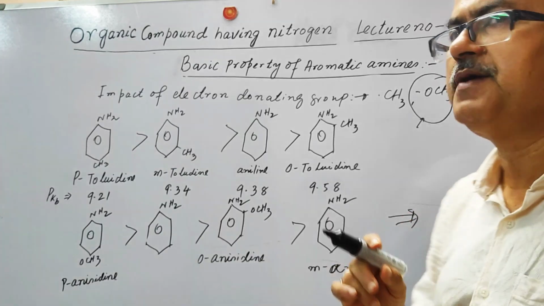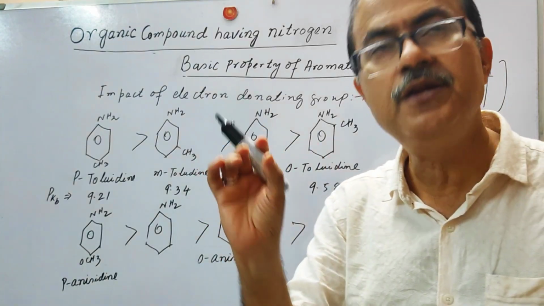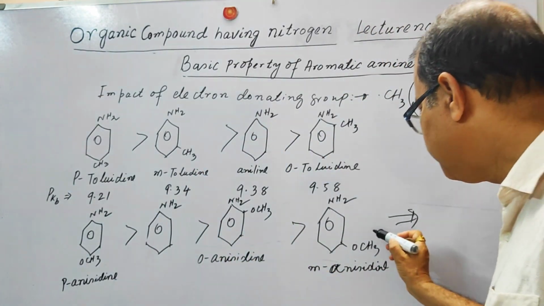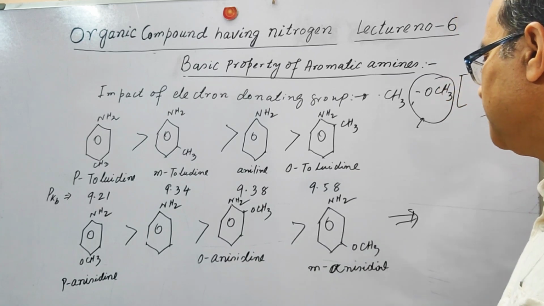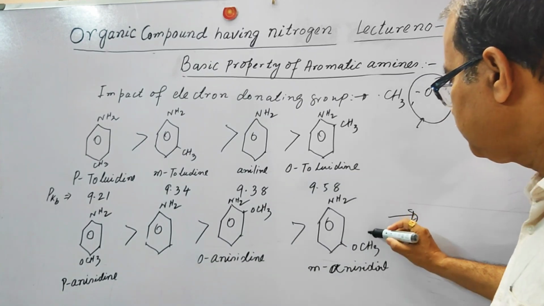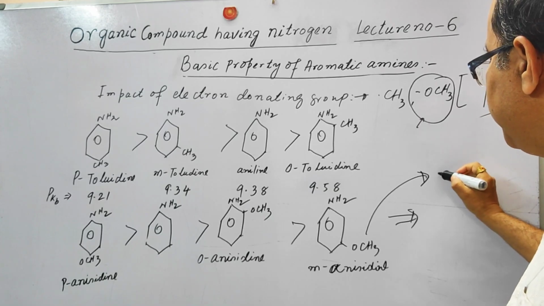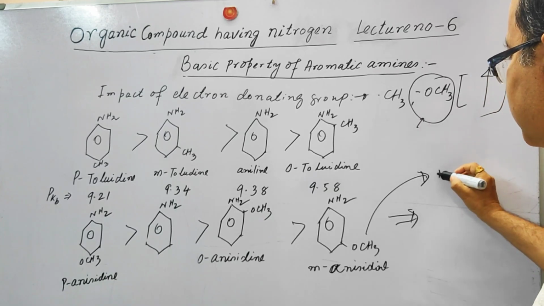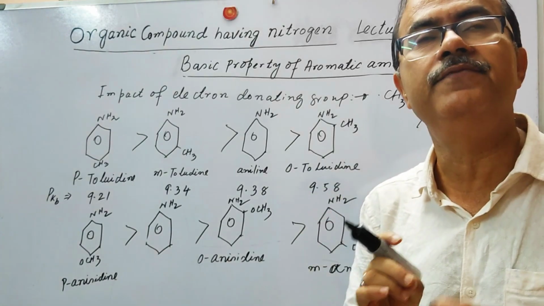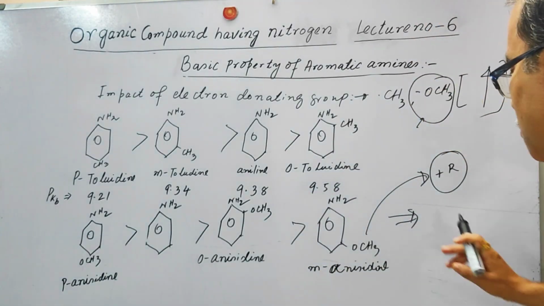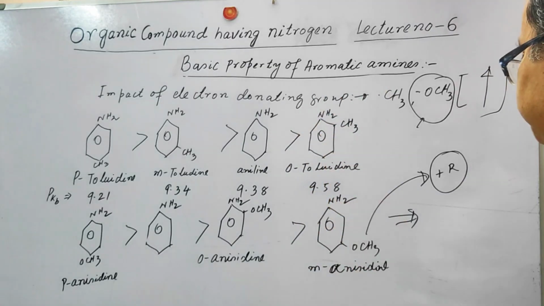In spite of this fact, it is an electron withdrawing group, but its position is different. When we put this methoxy group at this meta position, what is going to happen? At that time, very less plus R effect. Plus R effect is not operative at that position when this methoxy group has been put in the meta position.